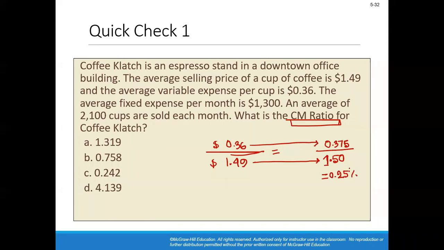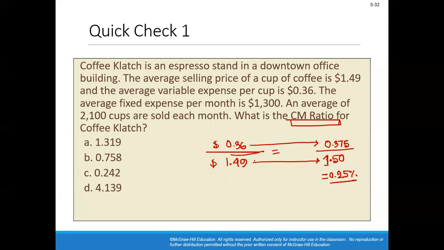What we have done here is expressed the variable expense as a ratio, so that should be the variable expense ratio. We could alternatively subtract 0.36 from the selling price of 1.5 or 1.49. But from here, the variable expense ratio is about 0.25. So the contribution margin ratio should be somewhat around 0.75 or a bit more. Why should it be a little greater than 0.75?